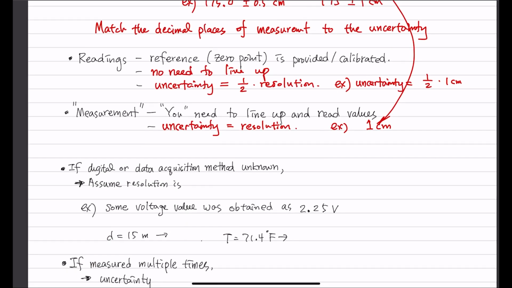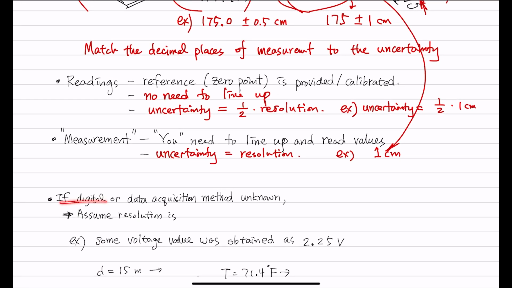And let's talk about, what if the measurement was digital, or the data acquisition method is not really clear? Then we just assume the uncertainty is one of the last significant figure there.